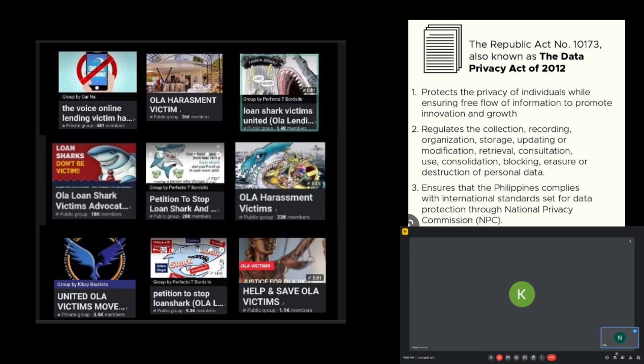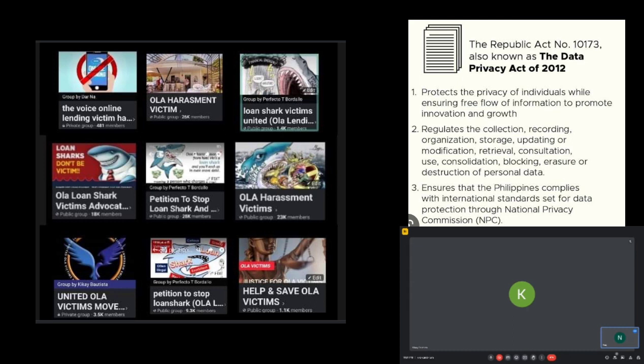If alien naman, like for example mga Chekwa, they can be deported, no? If it's in the government naman, for example, may breach of data privacy, perpetual disqualification ito, guys. So, they can no longer work in the government agencies. Aside pa po ito dun sa penalties and yung pagkakakulong.